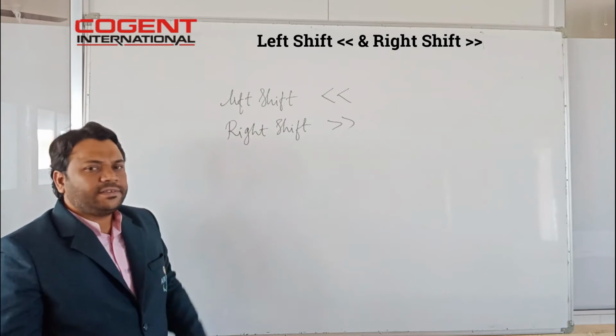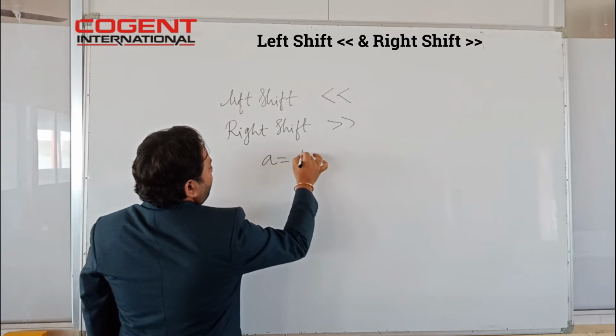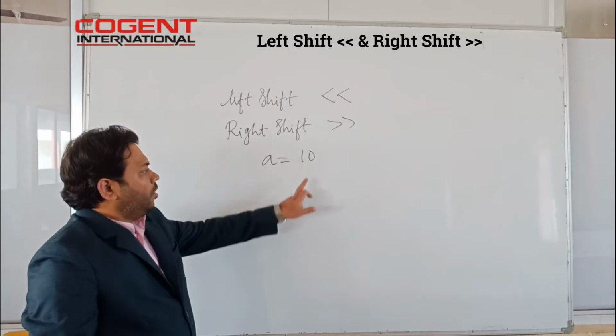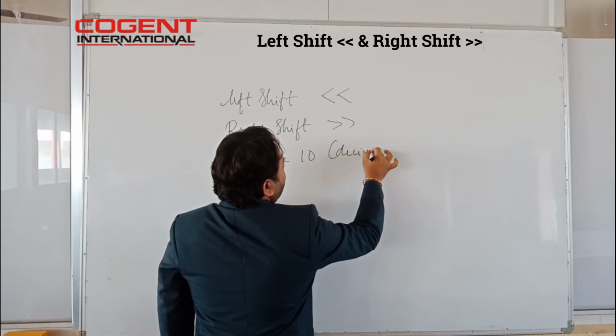Now let us consider an example, where a is equal to 10. This is in decimal.